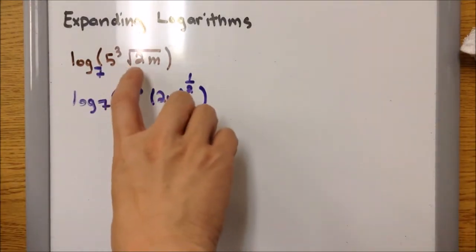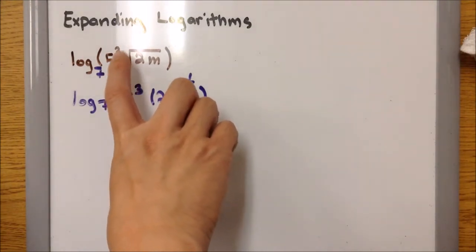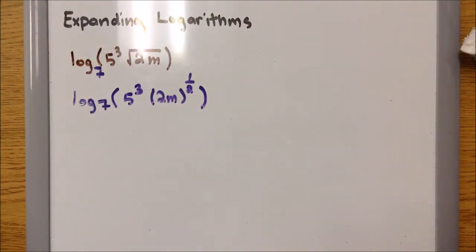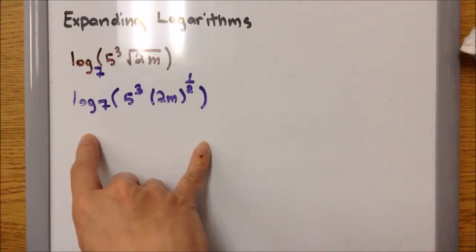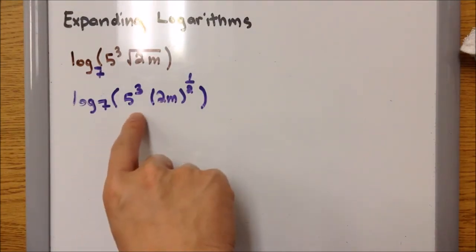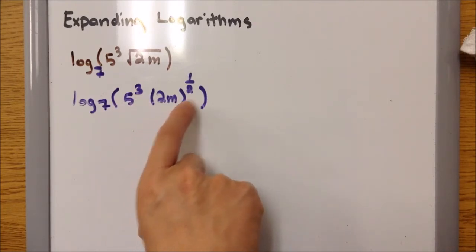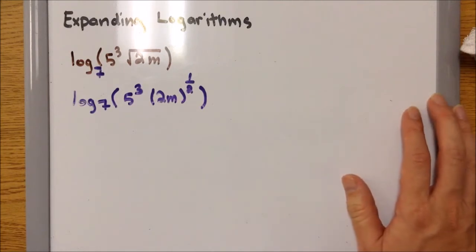So again, all I did was convert the square root of 2m to 2m to the power of 1/2. Next, I'm going to use the product property to split 5 to the 3rd power and 2m to the 1/2 power.